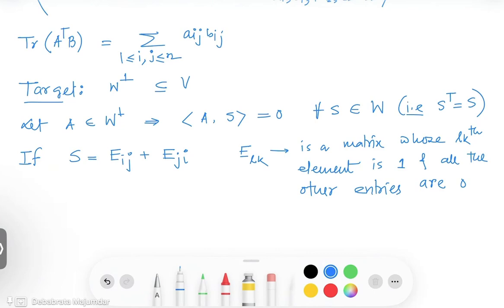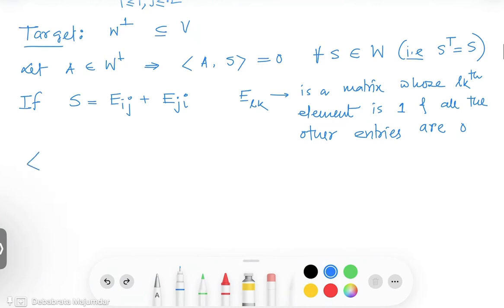So observe one thing. Suppose this is the ijth element, and I say this is 1. So in the jith element, this is also 1 and all the other entries are 0. So this S is also symmetric, right?